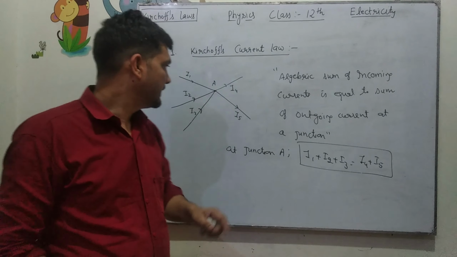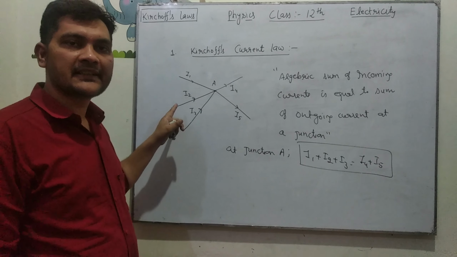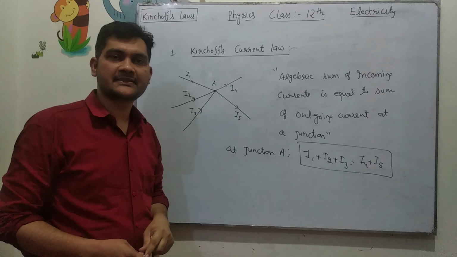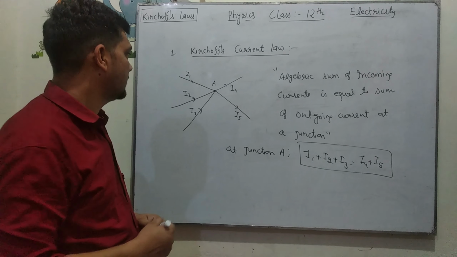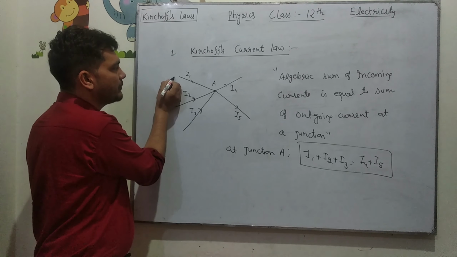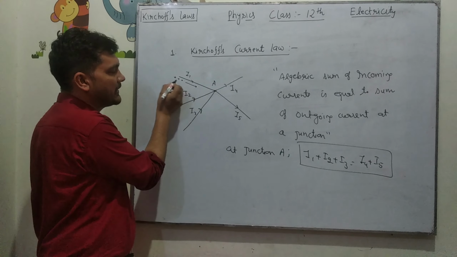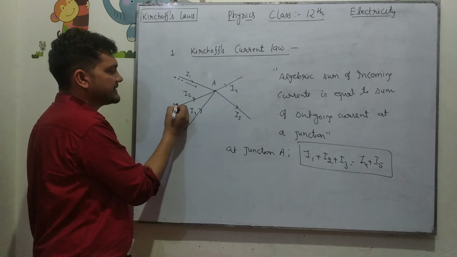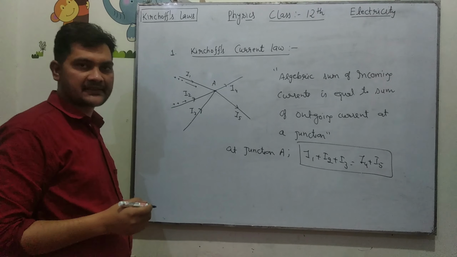Let us see. These are incoming currents. Suppose these are conventional incoming currents. Those are bringing positive charge along with them. It means positive charge is coming towards junction A from all the incoming currents.